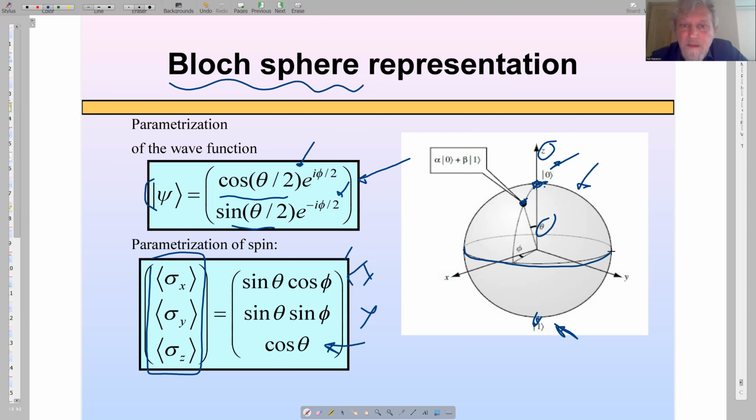So modulus alpha, modulus beta would be 1 over square root of 2, chances 1/2, which is still characterized by a phase, by x and y components. They can be completely different in this state. So all equal weight superpositions are there at the equator. Good, that was the Bloch sphere representation.